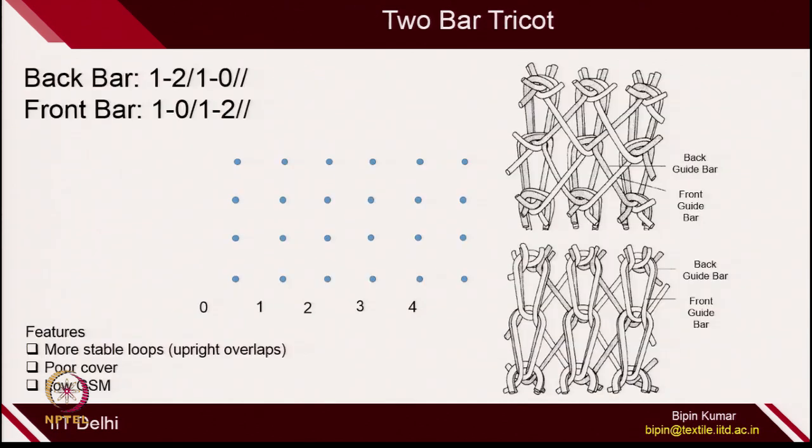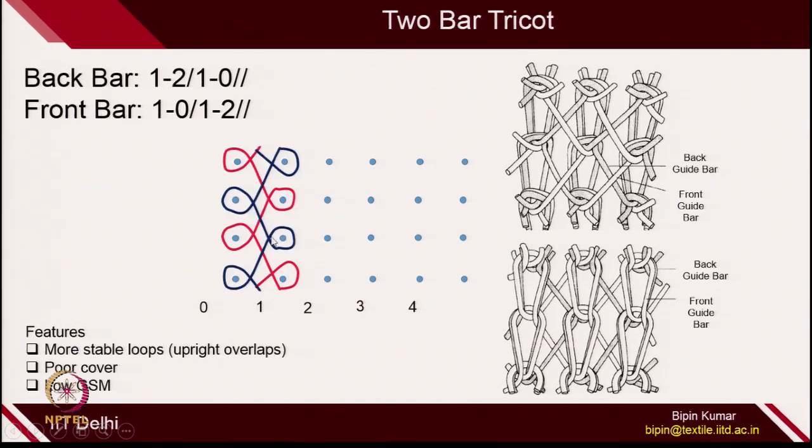So, let us move to the first one. The simplest one is 2-bar tricot. This is the schematic of 2-bar tricot; this is the technical back side and this is the technical front side. If you see the lapping plan, back bar 1210 and front bar 1012. This is the back bar lapping plan, and this is the front bar lapping plan.